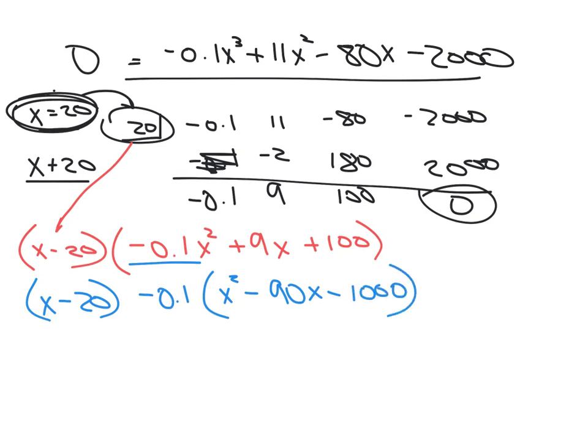And you can get these answers by, when you factor that out, you divide that by that, and you get 90. 100 divided by negative 0.1 is a negative 1,000. Don't forget the signs change because you factored out a negative. Probably need to make my little brackets here. All right, so that leaves me with that.